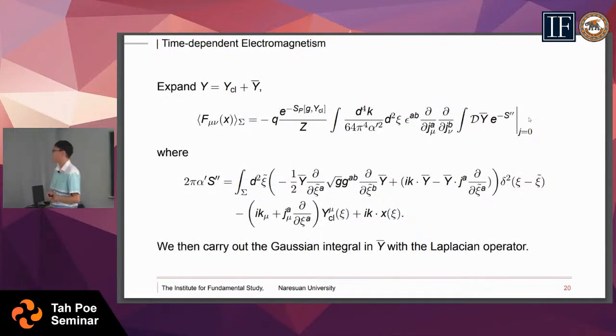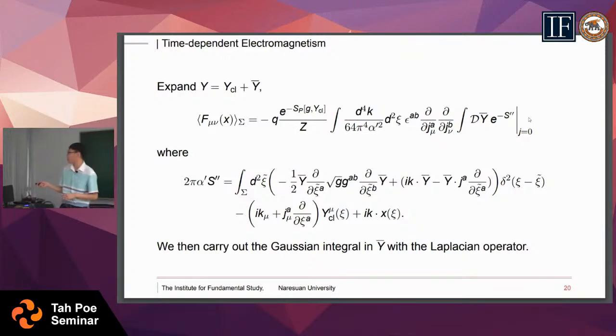What I'm going to do is expand y around the classical solution, classical y plus the quantum fluctuation of y. It turns the functional integral into this, where again we are focusing on this functional integral, where S double prime is expressed here.